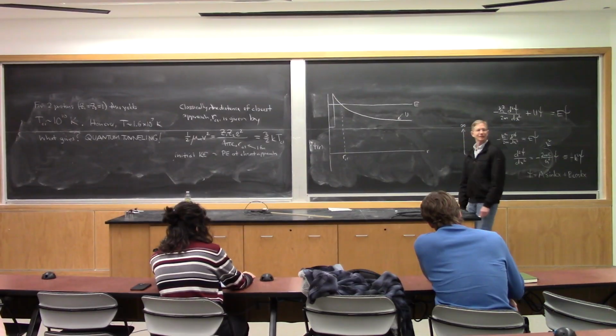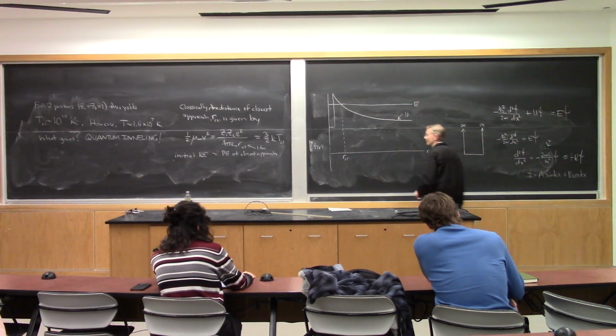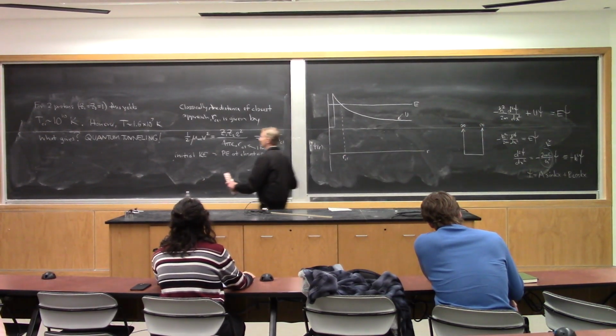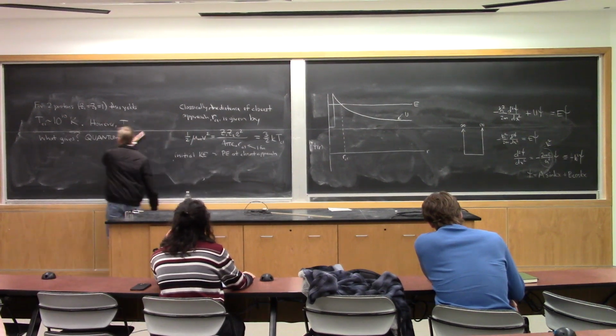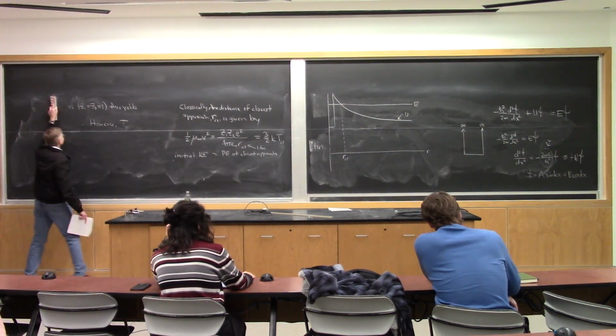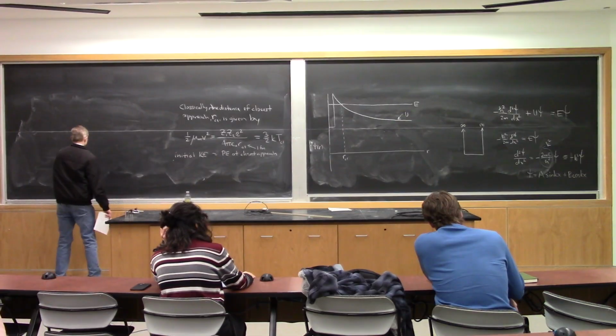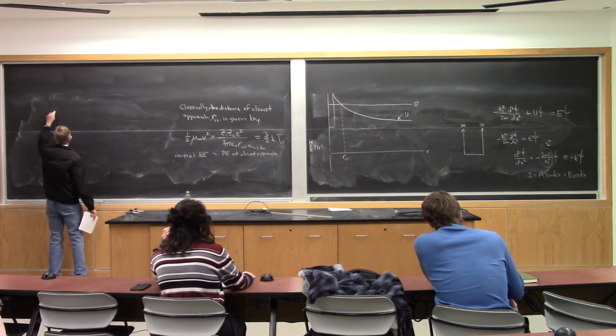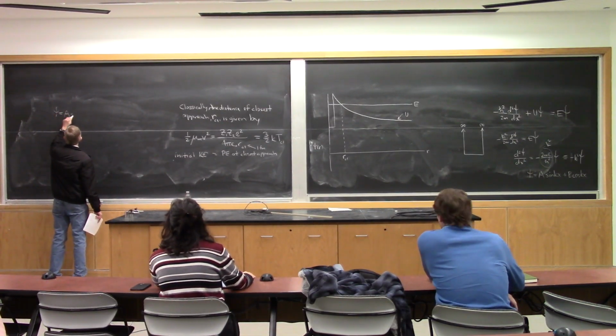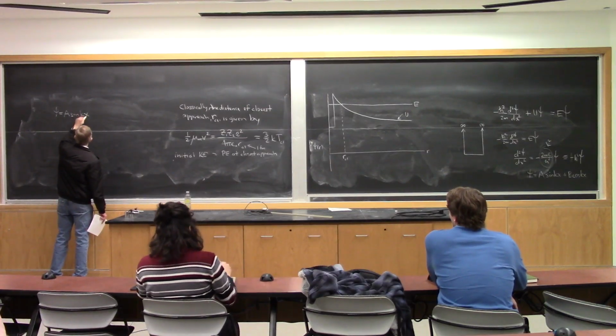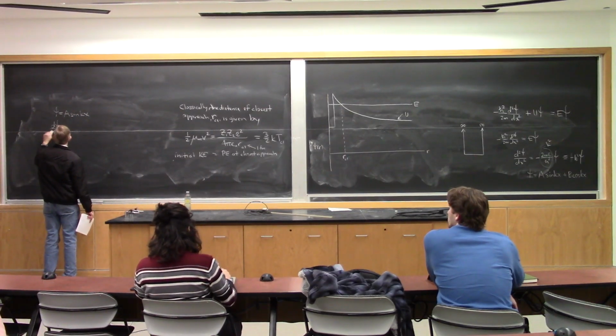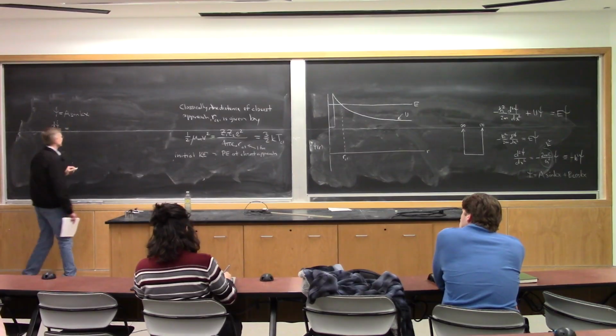Because if I differentiate sine kx, what do I get? I'm reviewing quantum mechanics here, okay? But I think I need to because none of this is going to make sense to you if you don't remember how the Schrodinger equation works. So if I have psi equals a sine kx, what's d psi dx?